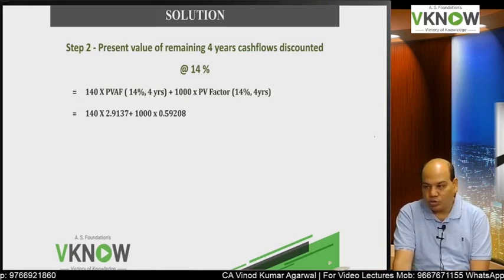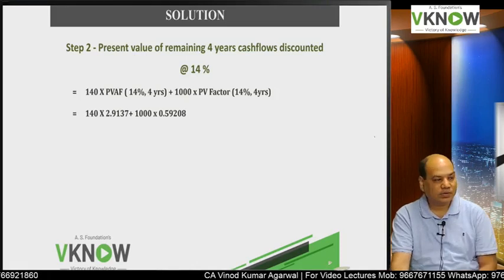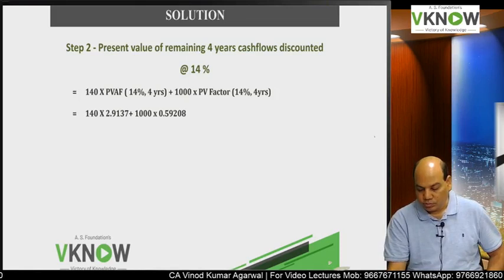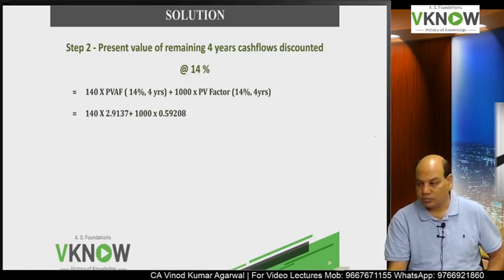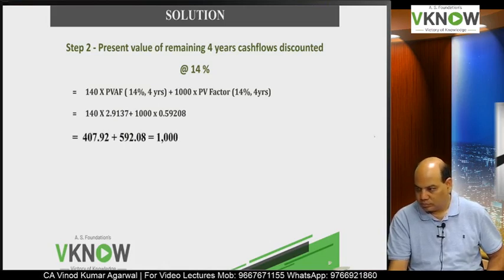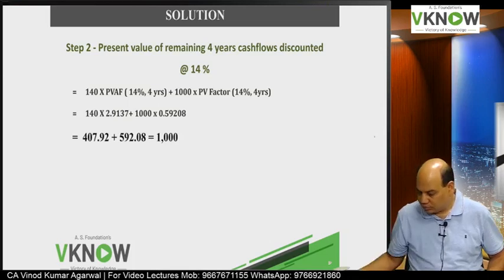So 140 into 2.9137 plus 1000 into 0.59208. Check, is it right? So therefore the answer comes to 1000.